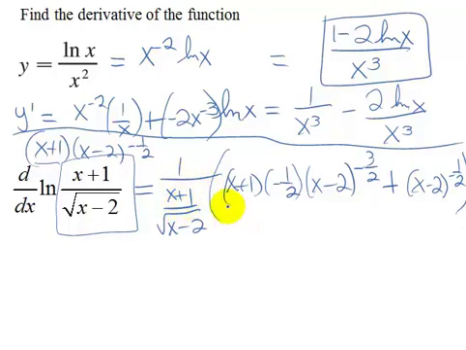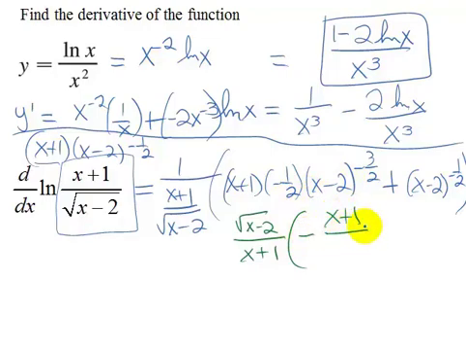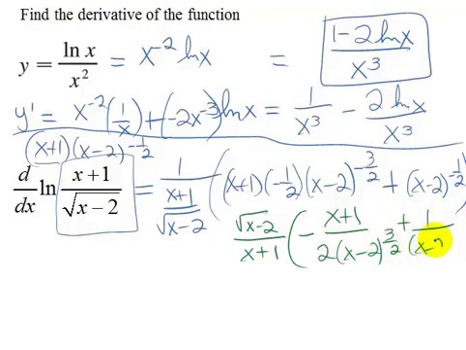Let's see what we've got here. I can flip this over, so we'll put it another color since we've got a lot of stuff going on here. This is square root of x minus 2 over x plus 1, and then that's multiplied by, looking to see what we have here, I've got a negative, and it looks like the x plus 1 is in the numerator, and in the denominator we have 2 and x minus 2 to the 3/2, and then plus 1 over x minus 2 to the 1/2 here.